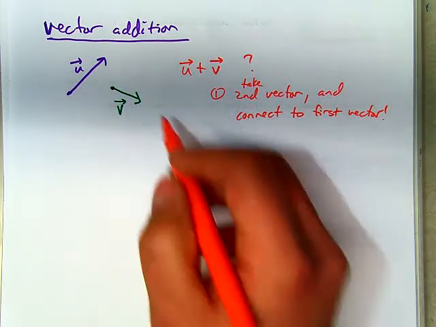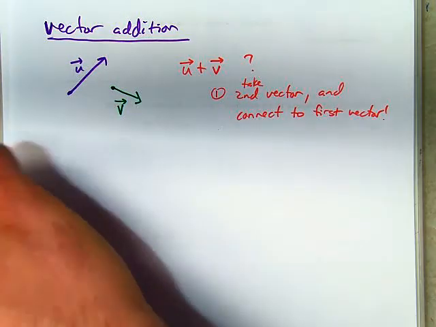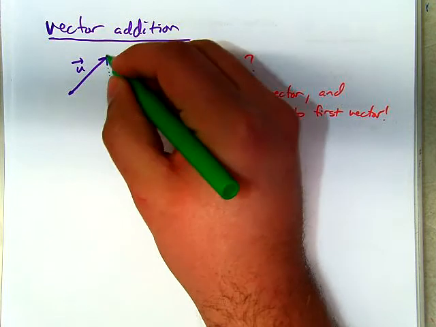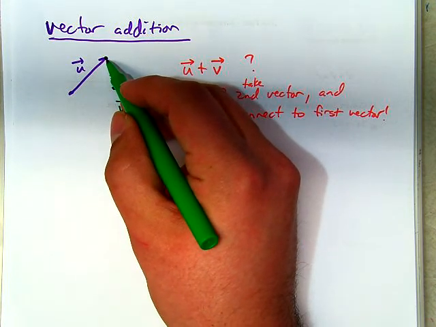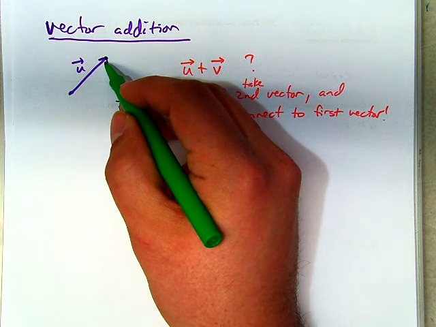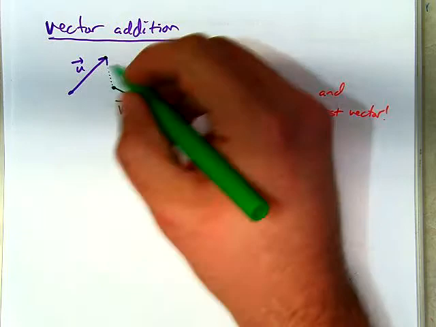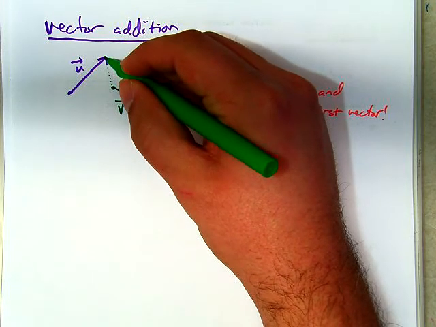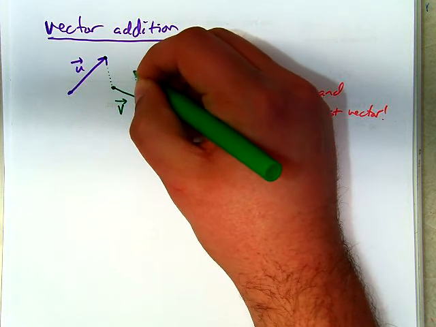So for example, the second vector, the one that I'm adding to U, that's V. So I'm going to take V and translate it so that the starting point of V starts where U ended. I think this is also sometimes referred to as adding vectors tip to tail. And likewise, if I slide the initial point so that it starts where U ends, I'm going to do the same with the end point of V and just translate that upward.